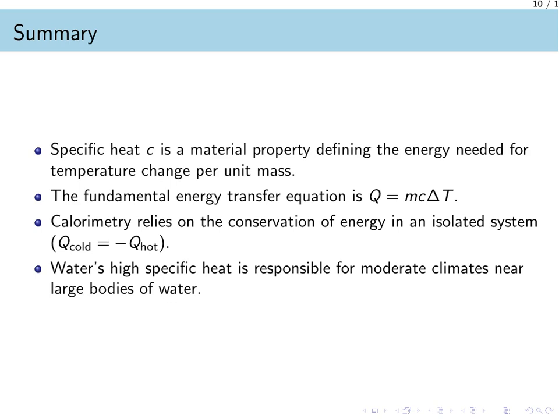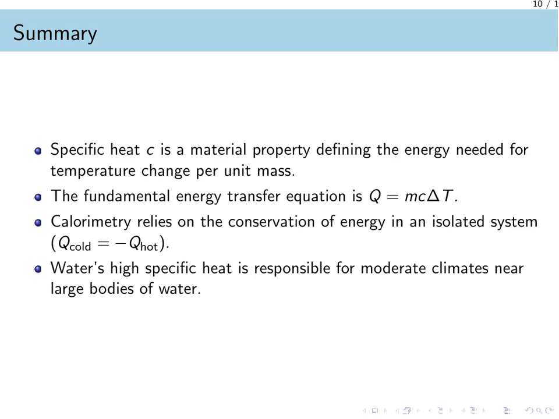In summary, specific heat is a fundamental material property that defines the energy required to change the temperature of a unit mass. The basic equation for energy transfer is Q equals mass times specific heat times the change in temperature. Calorimetry allows us to use these principles, along with the conservation of energy in an isolated system, to determine unknown thermal properties.